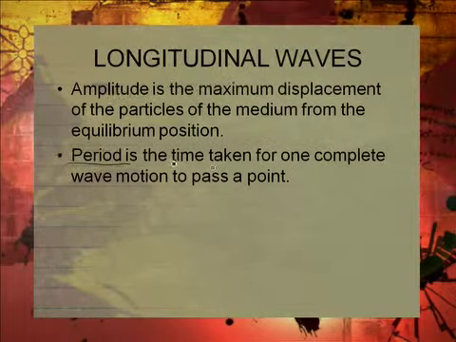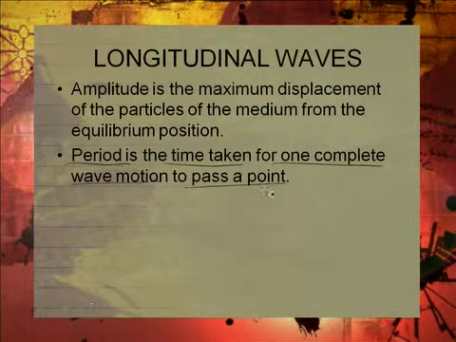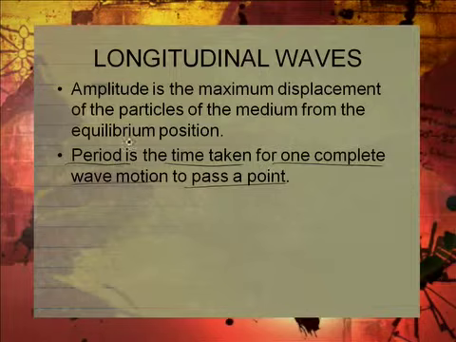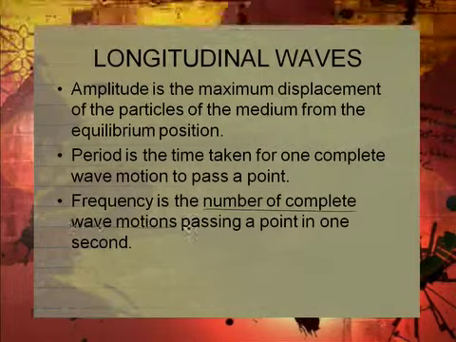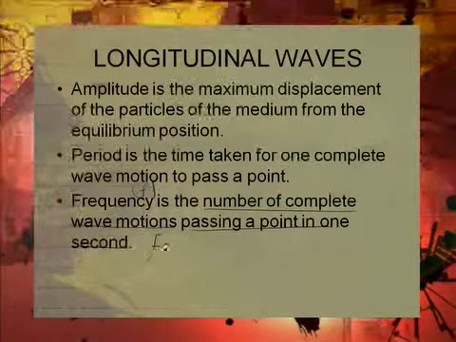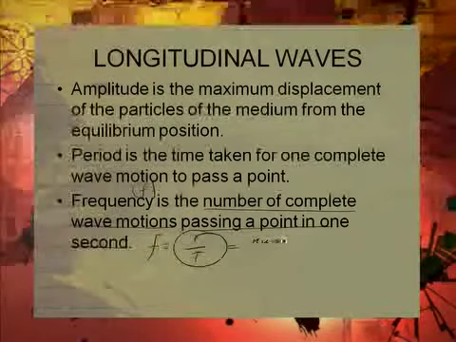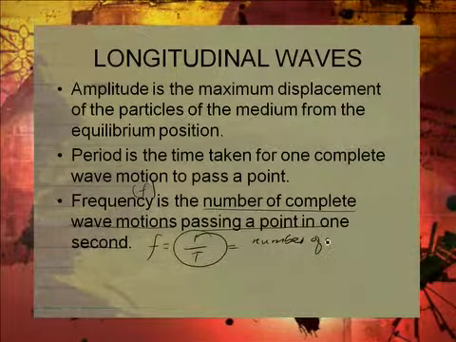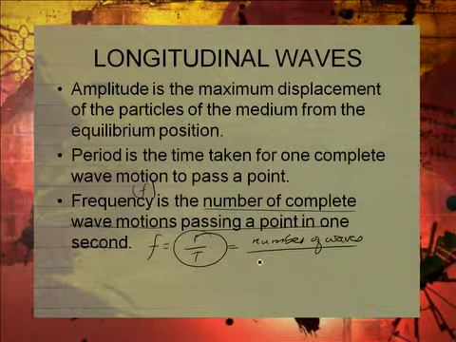Okay, the period. What's a period? This is the time taken for one complete wave motion to pass a point. And remember, this is T. Next, frequency is the number of complete wave motions passing a point in 1 second. And remember, frequency is 1 over T. Or you can say the number of complete waves passing a point in a period of time.